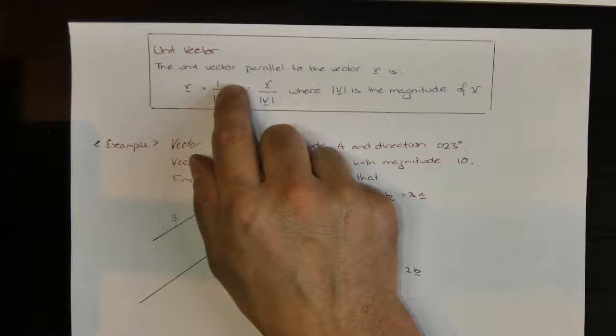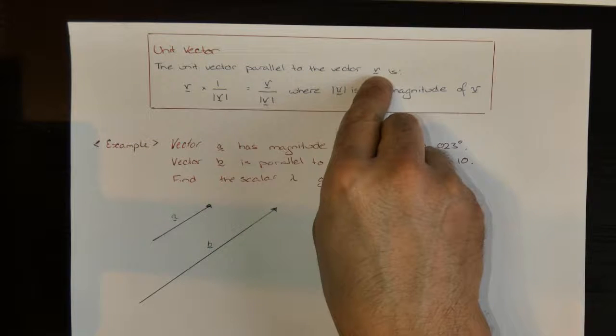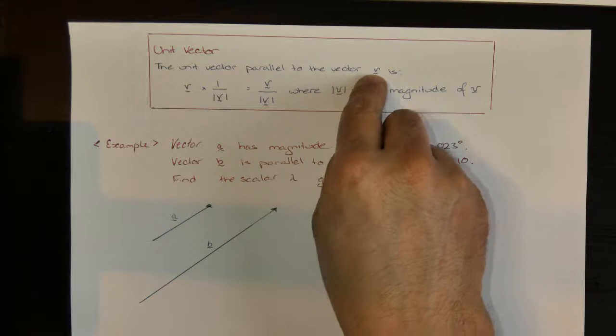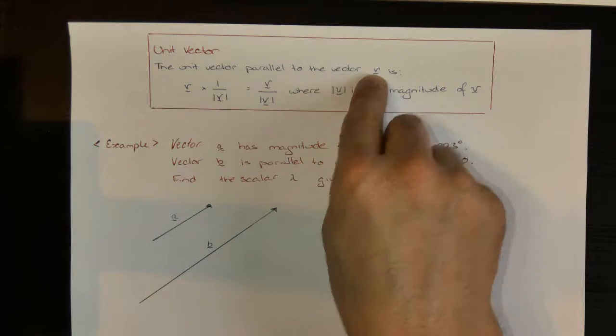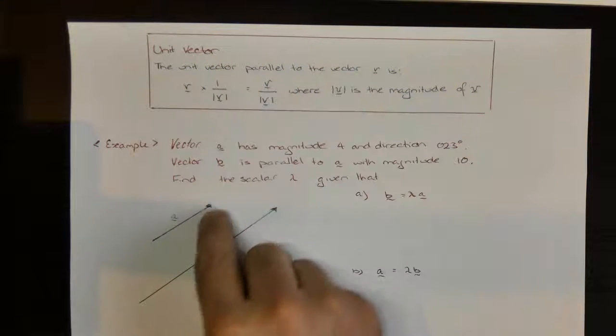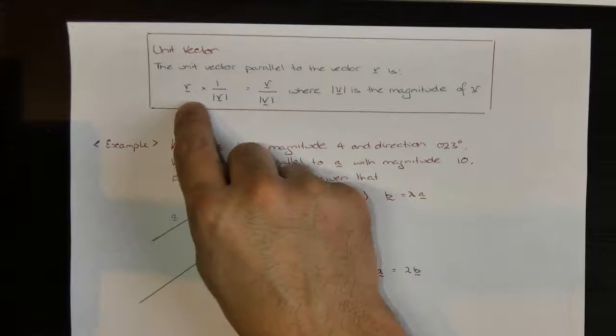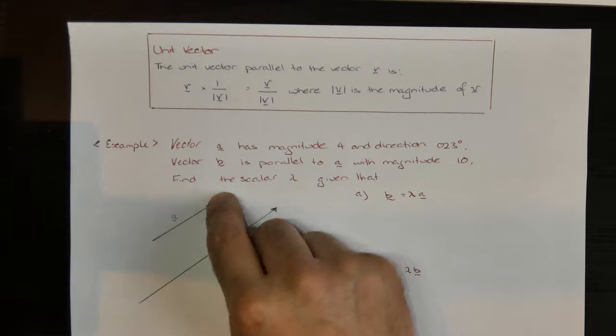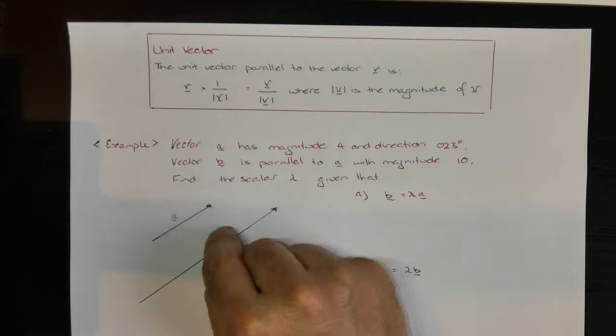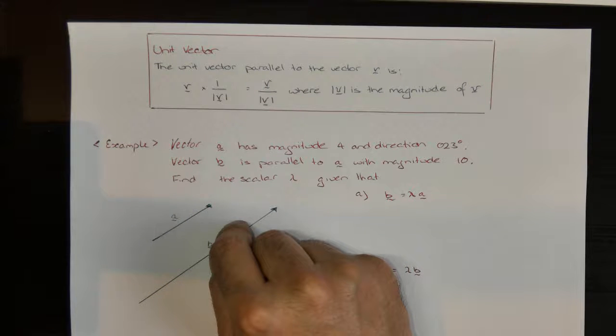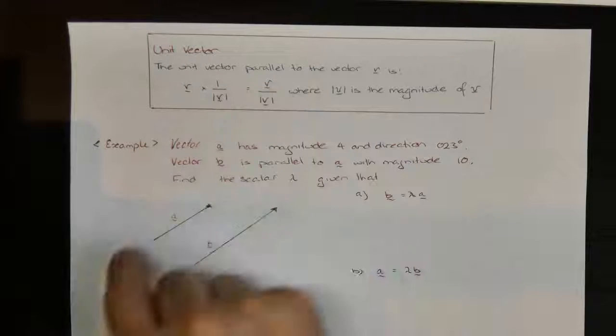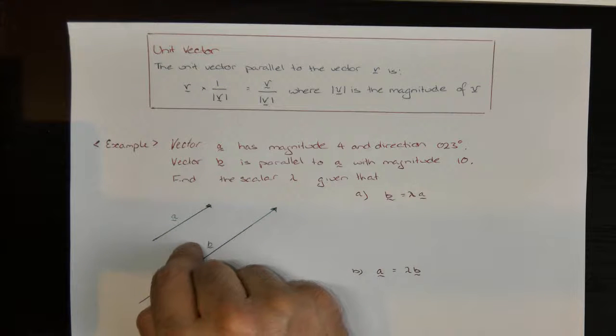The unit vector parallel to the vector v. So we've got a vector v, and we want to find the unit vector that's parallel to that. It is the vector v multiplied by 1 over the magnitude, and that's going to give you the vector divided by the magnitude.